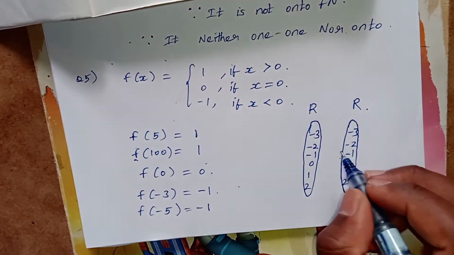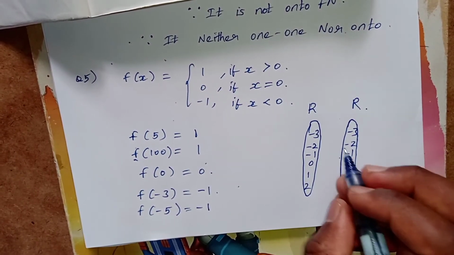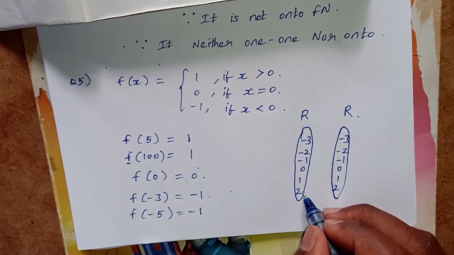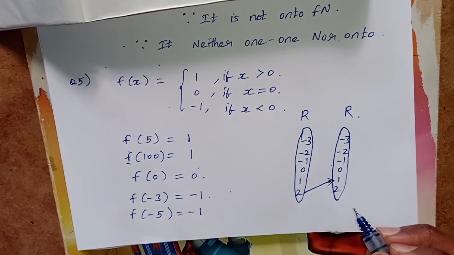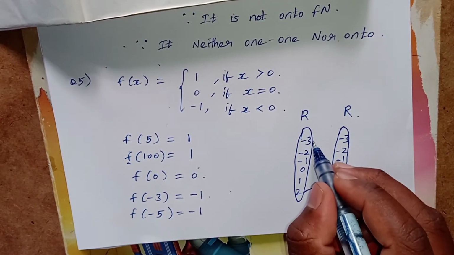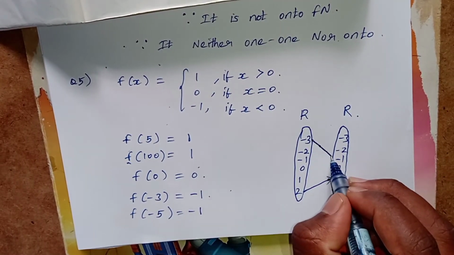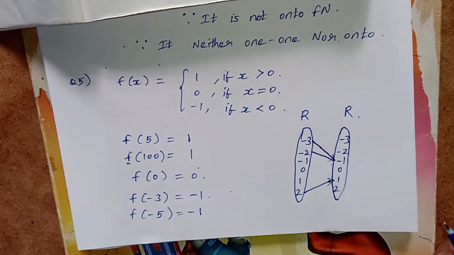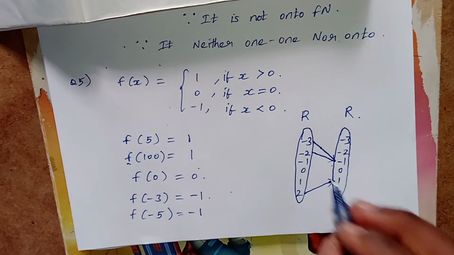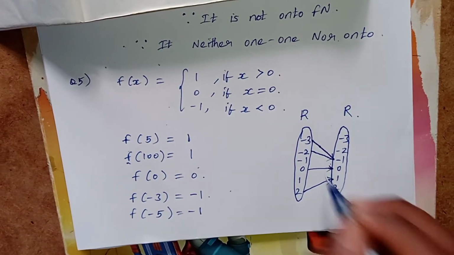Okay, therefore here if I take 2, it is greater than 0, 1. Okay, if I take minus 3, it is less than 0, minus 1. If I take minus 1 also, minus 1. Okay, if I take 0, 0.